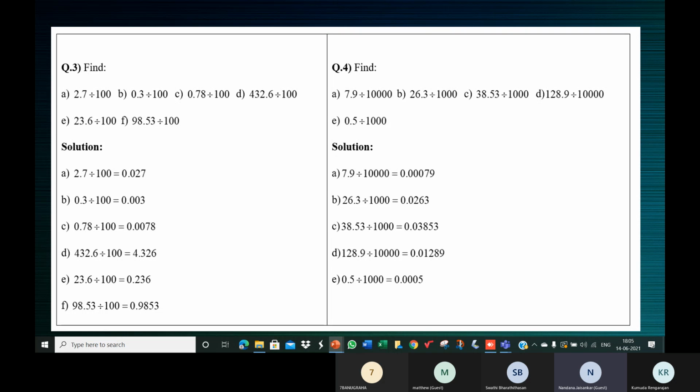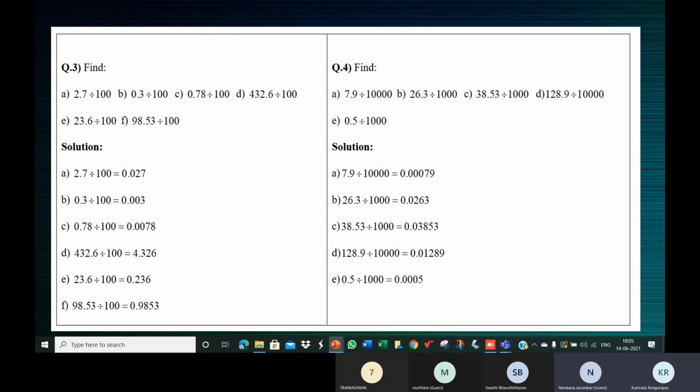I get 0.0078, ma'am. When you shift it to which side? Left, ma'am. Okay, right side you shift and tell me the answer. 78.